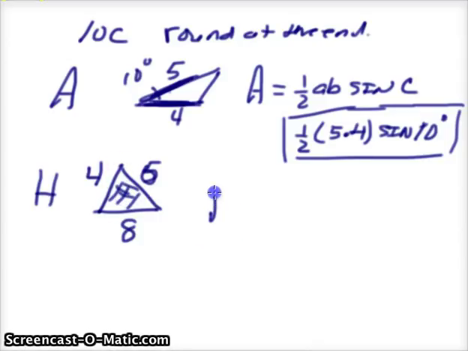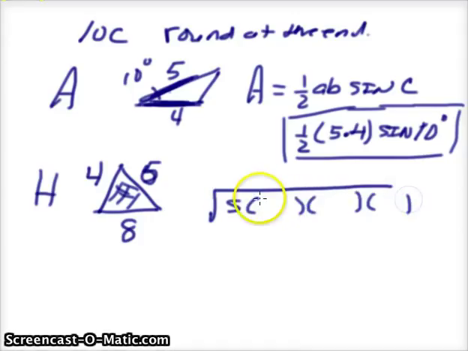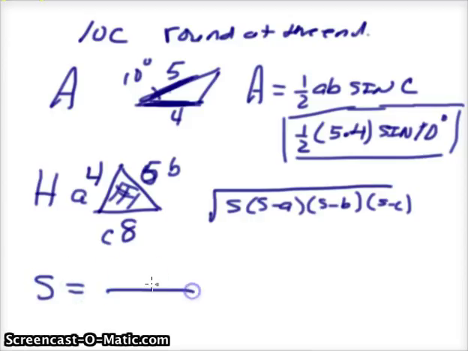And remember Heron's formula, there's 4 things under a radical. 1, 2, 3, 4. This is S, S minus A, S minus B, S minus C. So let's just make believe this is A, this is B, this is C. You've got to find the magic number S. S is equal to half the sum of the sides. 4 and 6 is 10, that's 18. What is 18 over 2?